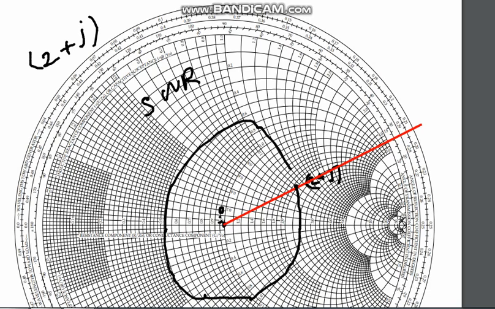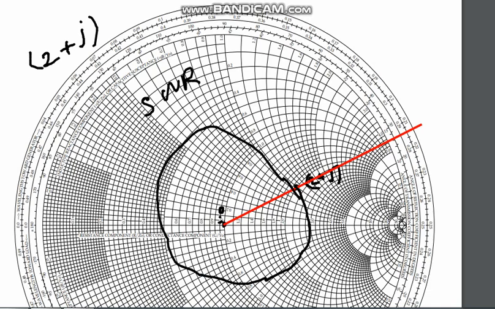I'm not well at this drawing, but you should start from here. Approximately, that is the circle. So where that circle cuts the line, that is the value of SWR.